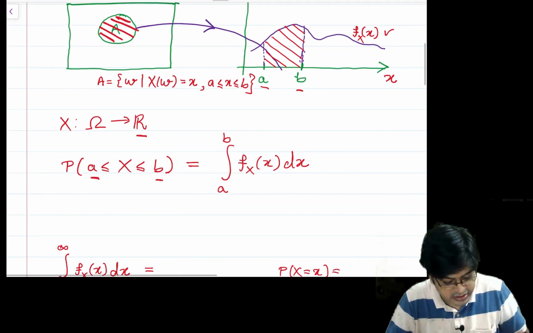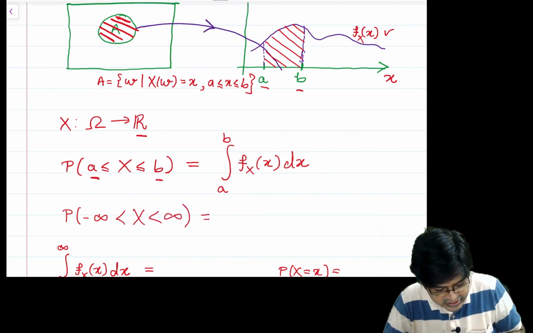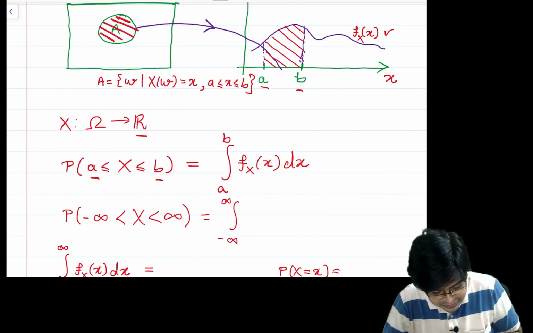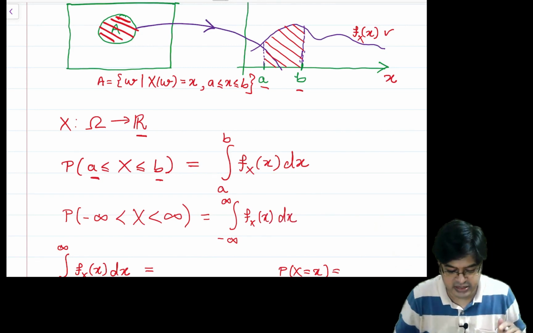So in particular, if I ask you the question, what is the probability that minus infinity is less than capital X is less than infinity, that should be answered by writing the integral from minus infinity to infinity of f_X(x) dx, if that is the case.